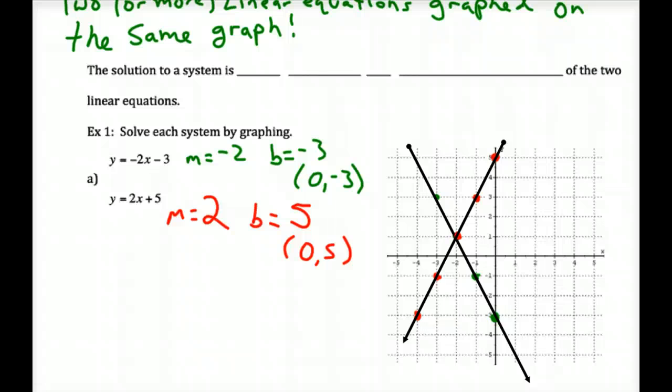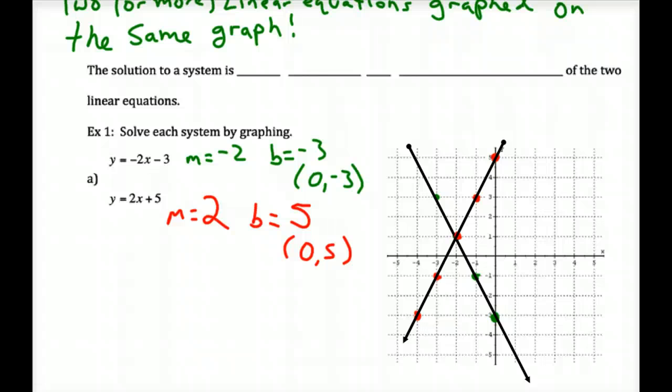Now, here's my question. What's the answer to the question? You mean the solution? The solution. Sean Kelly. (-2, 1) is the solution.